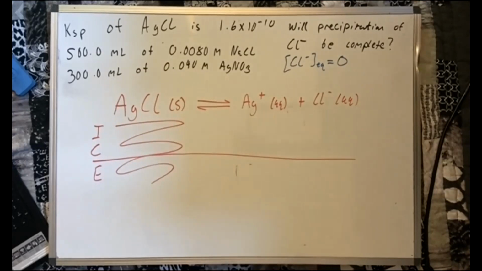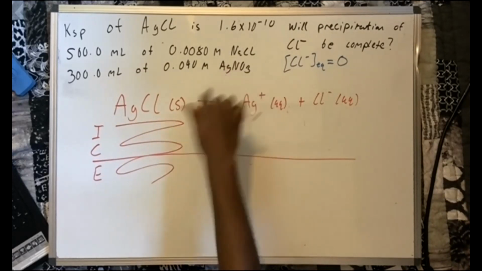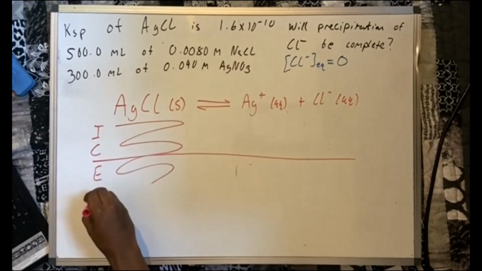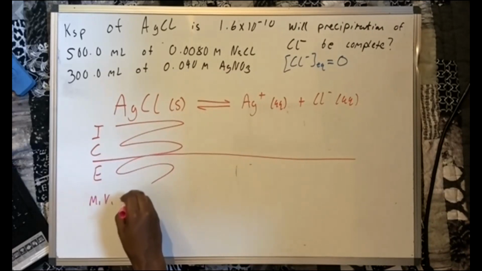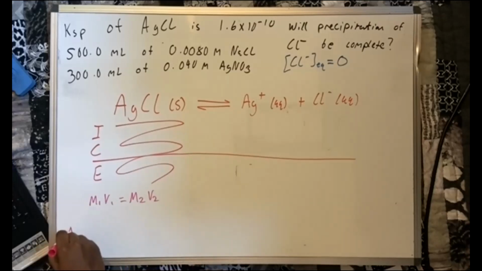So let's do that. This is aqueous. I'm just going to assume we do basically M1V1 equals M2V2 for both of those.